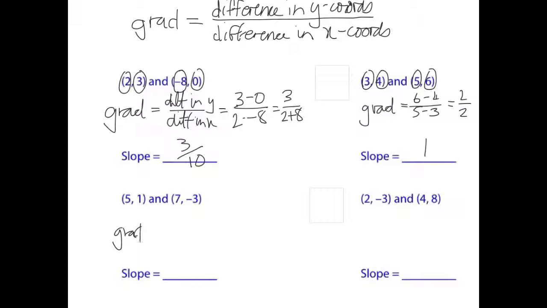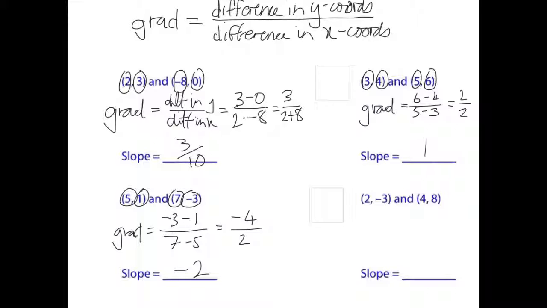This third one, the gradient is the difference in y coordinates, so minus 3, subtract 1. And we're dividing that by 7, subtract 5. So that's negative 4 divided by 2, which is a slope or a gradient of negative 2.